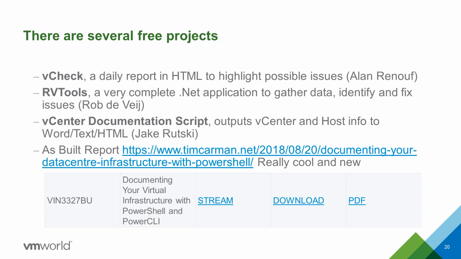You can actually print this and give it to your boss, whereas vDocumentation is more about getting the data into Excel. And second, it's meant to be modular. So if you want to document Veeam, or Pure, or some other vendor who has provided a PowerShell SDK, you can plug that into the as-built report, so you can document more than just VMware. That's a pretty cool thing, and I encourage everybody to check each one of these projects.